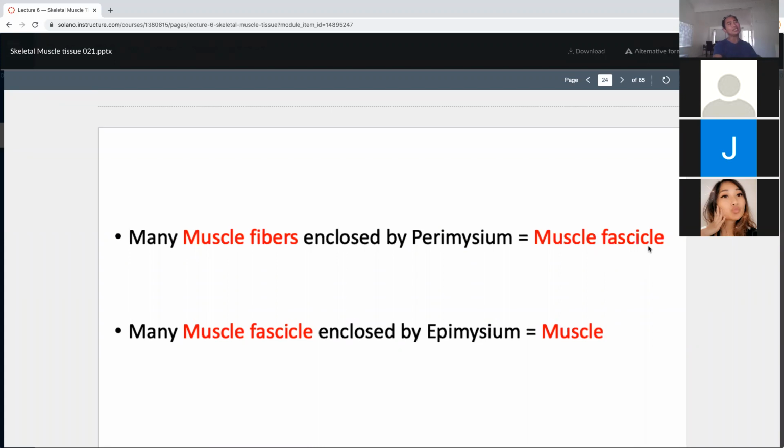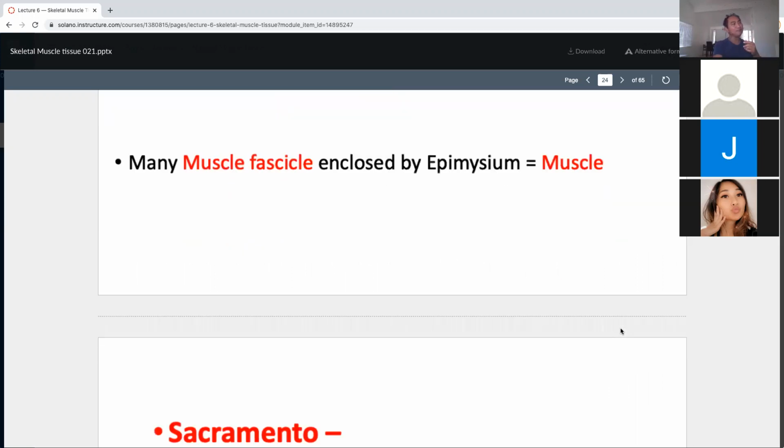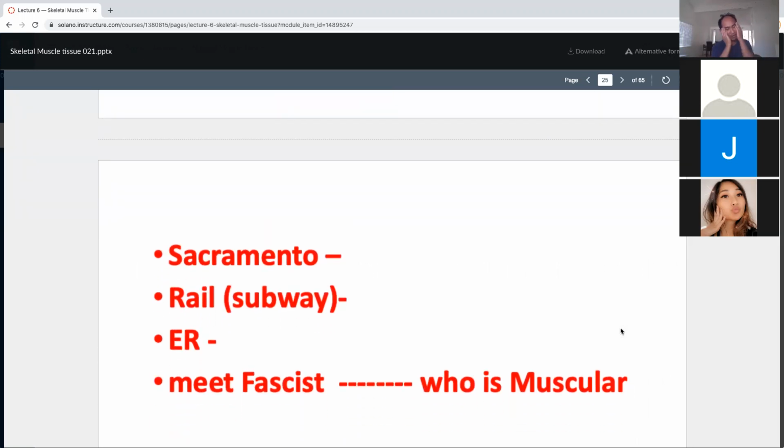So the fascicle is enclosed by perimysium, and if you collect all the muscle fascicles covered with the epimysium, then we will have the muscle, which we can see with our naked eyes. So yes, that's the hierarchy.